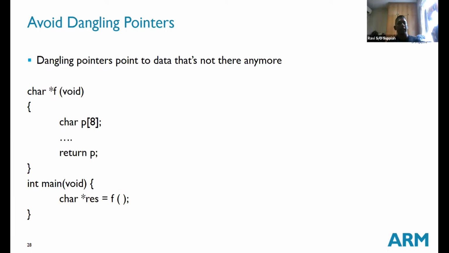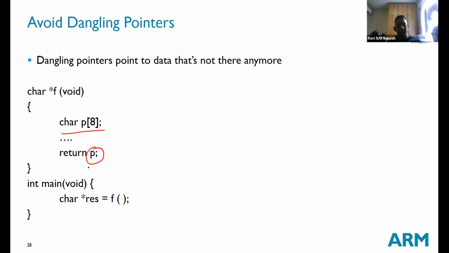Again, another potential issue: the dangling pointer, which points to data that is not there anymore. Here, for example, in your function f, you created an array, then you return p, which is basically a pointer to the start of the array. Then you try to reference that in your main function, but that is no longer valid because p was created on the stack.